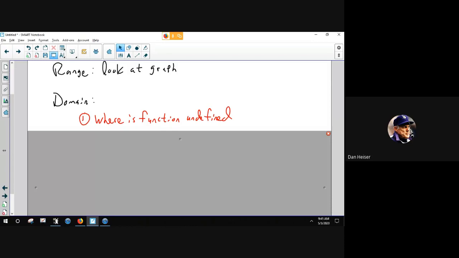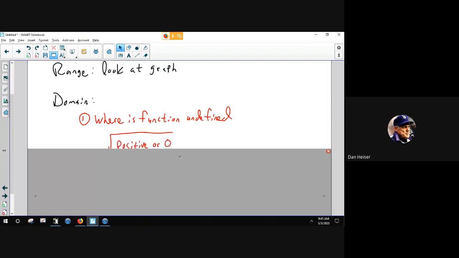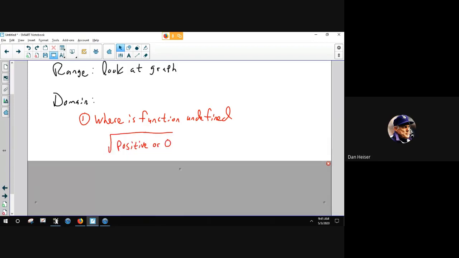We look to see what values give the function problems. If there are none, well, then the domain is negative infinity to infinity. If there are problems, that's where we'll need two or more groups of intervals. Here's things we look for: square roots or any even indexed root.